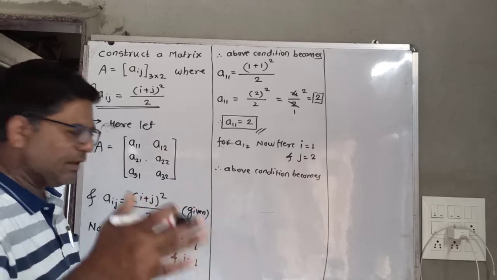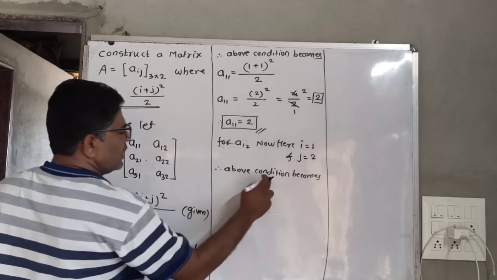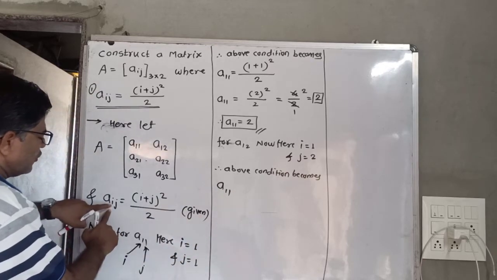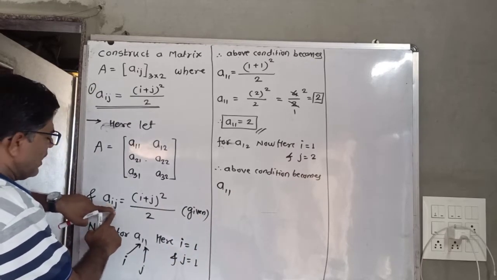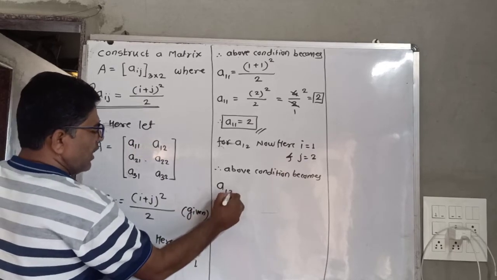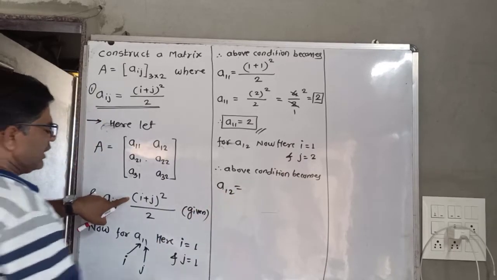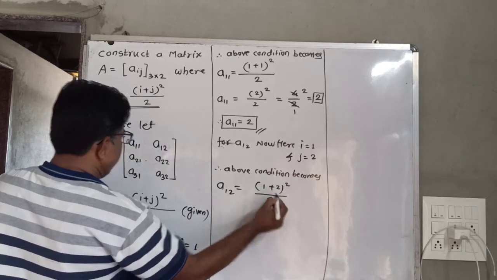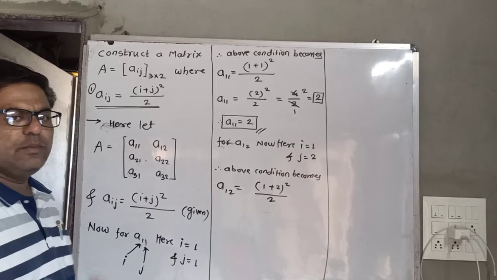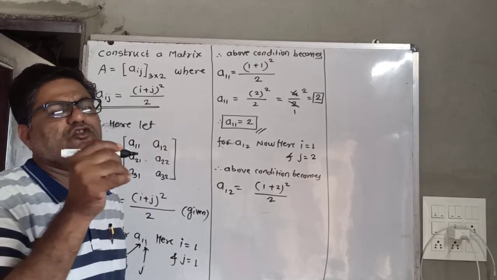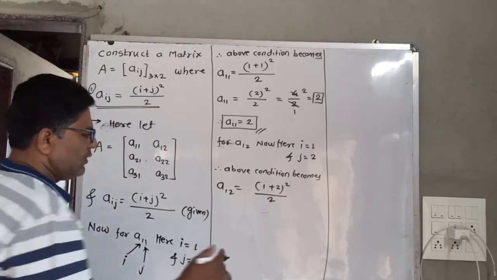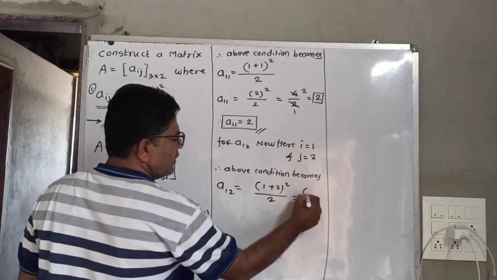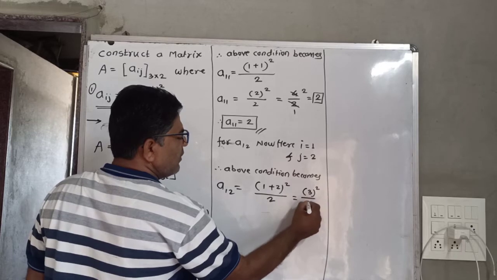The above condition becomes a12 equal to (1 plus 2) whole square divided by 2. Your simplification should be strong. First solve the bracket: 1 plus 2 is 3, so (3) whole square divided by 2.